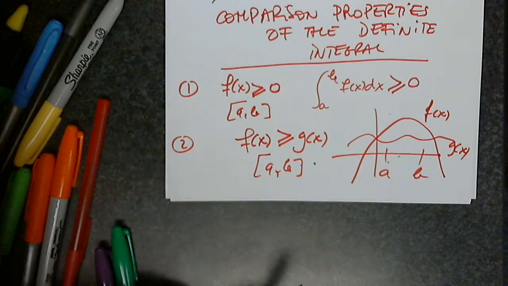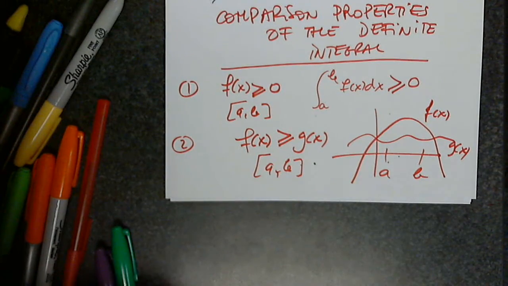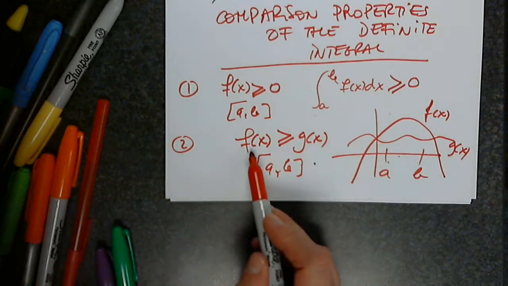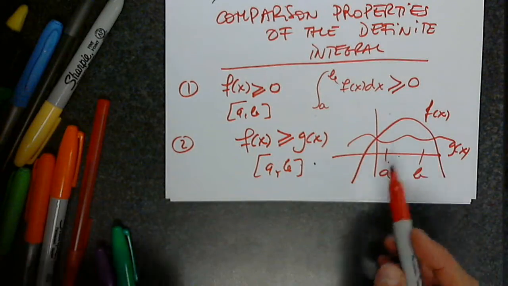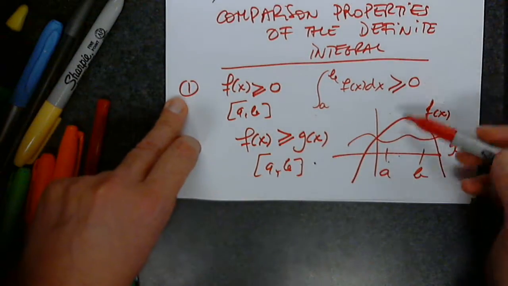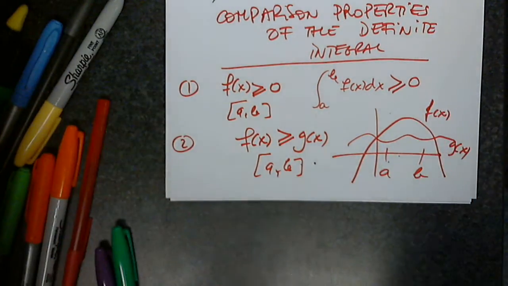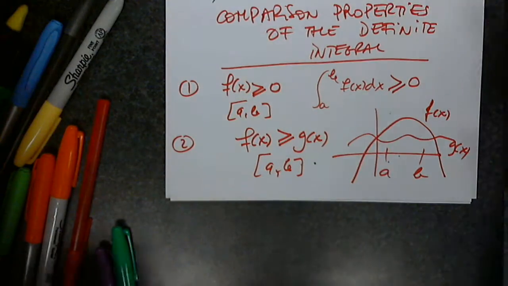Can I say that on the interval a comma b, I don't care about outside, f of x is definitely greater than g of x? Very good. No, it's above. But you can say it's more area, exactly, because that's the conclusion. Exactly. You're way ahead of me.